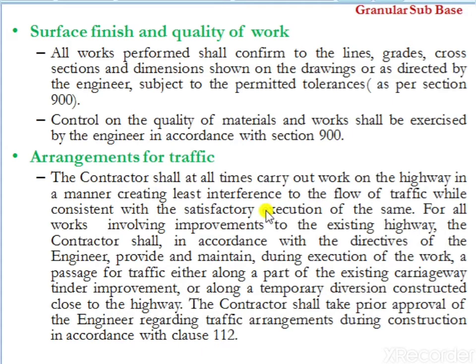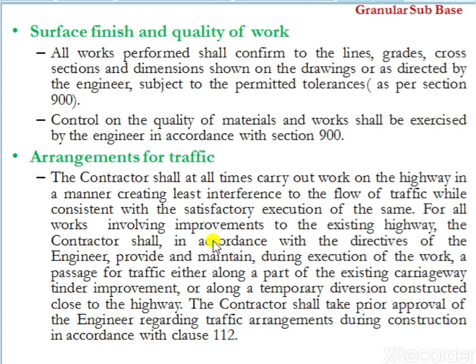So how can we carry out construction of a highway without interrupting the traffic flow? There are different ways to provide a path for the movement of traffic during the construction. The contractor, in accordance with the directives of the engineers, can provide a carriageway beside the construction work going on, or else he can provide a temporary road nearer to the highway, and the contractor shall take prior approval from the engineer regarding traffic arrangement during the construction.